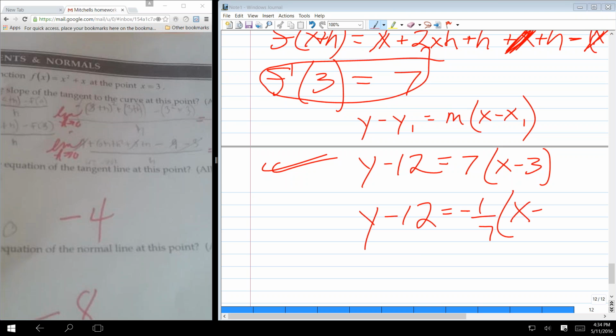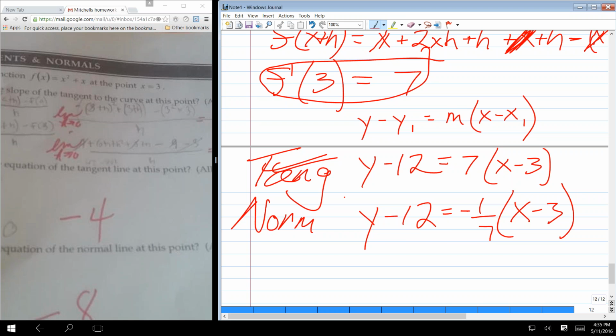There's the equation of the normal. That's the normal, that's the tangent line. So how would you show work for that? You don't need to. Seriously, even though she says show all work. I guarantee if you wrote that, you'd get full credit for it, because there is no work.